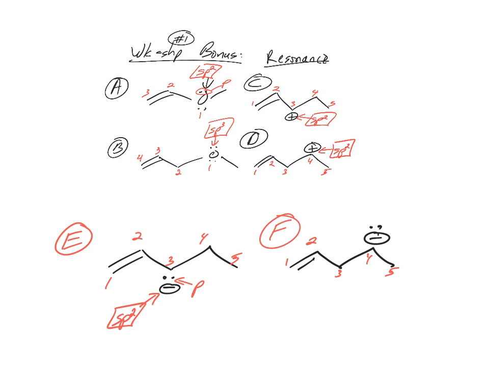Wait, so for resonance on that one, would the pair from the pi bond go on to carbon 1 and then the lone pair make the bond between 2 and 3? Right. So if I drew that resonance structure, it would be like this. I'd form a new pi bond between 2 and 3, and the electrons in the pi bond between 1 and 2 would go to carbon 1.